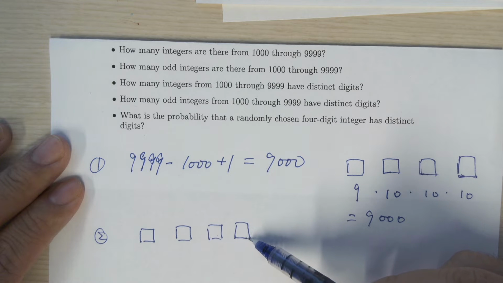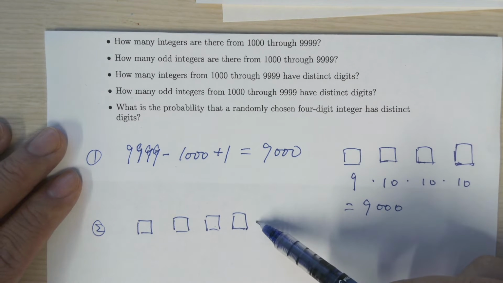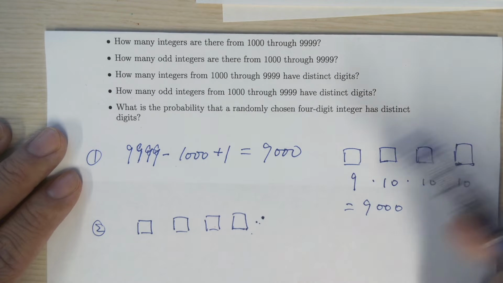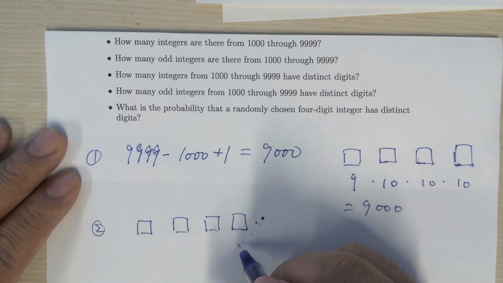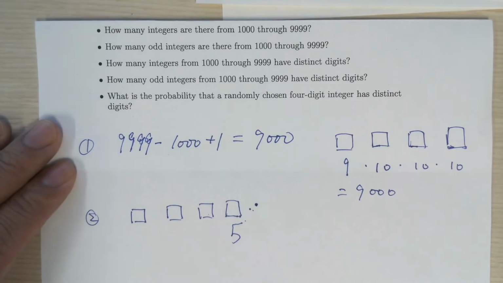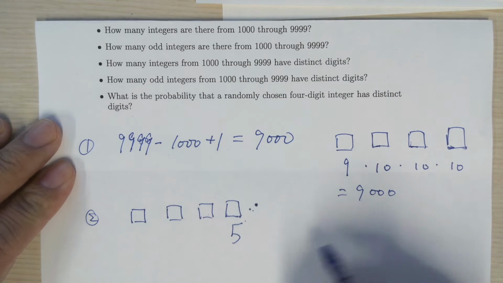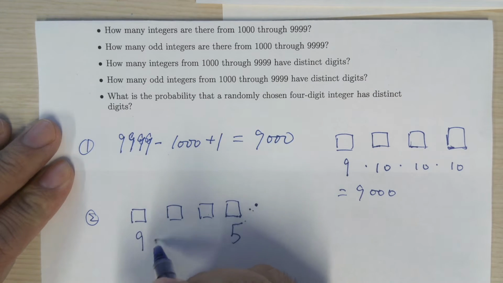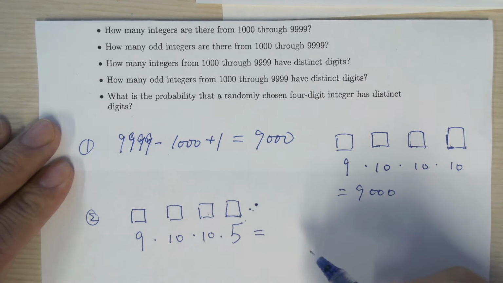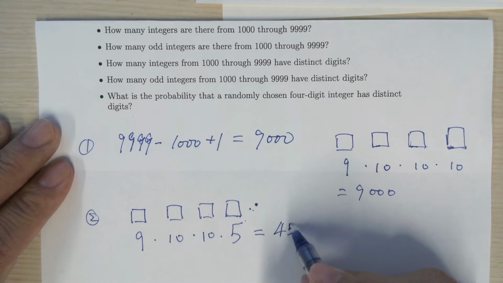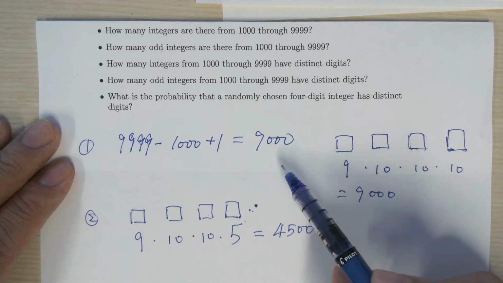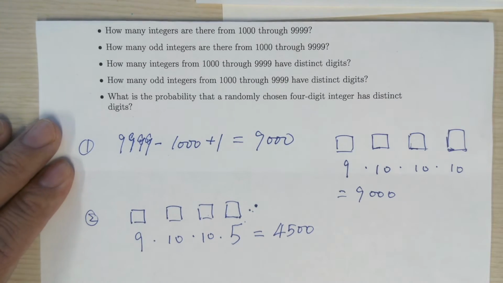As long as this digit is 1, 3, 5, 7, or 9, I'm all good. In other words, there are 5 choices for my last digit. And for the first 3, this is exactly the same. So it's 9 times 10 times 10 times 5. And if you do the calculation, it's 4,500, okay? Which apparently, as you can see, is half of the integers, right?